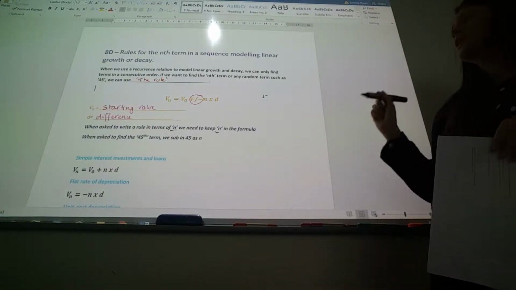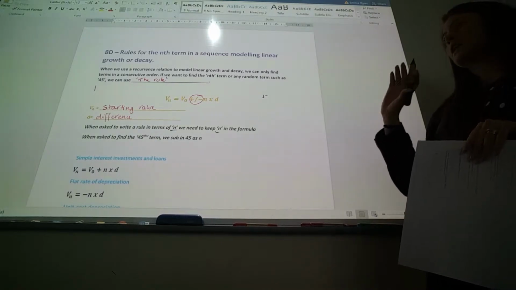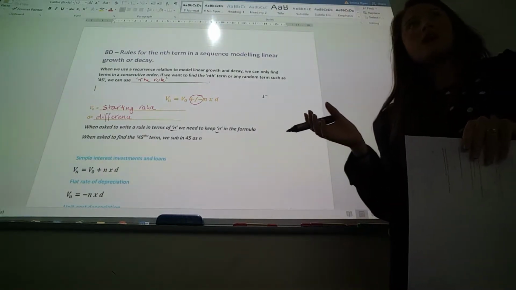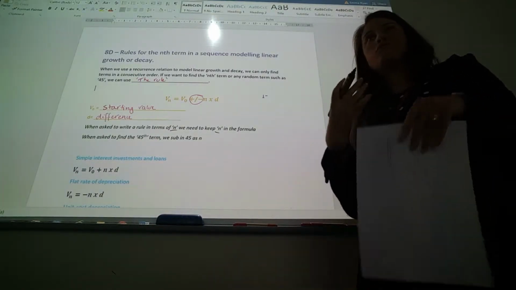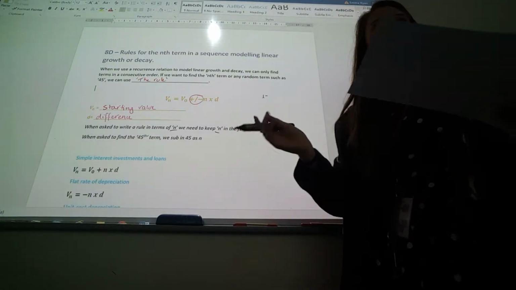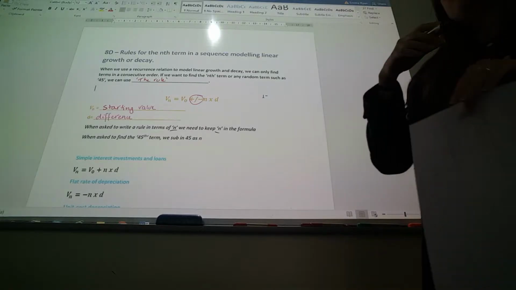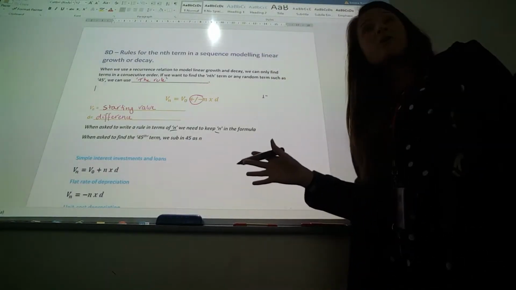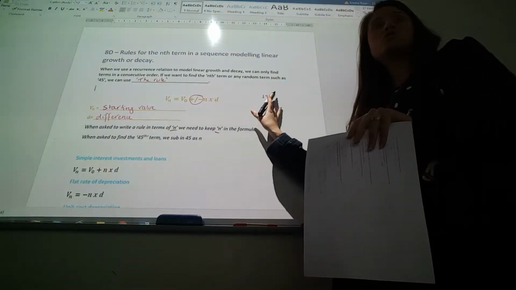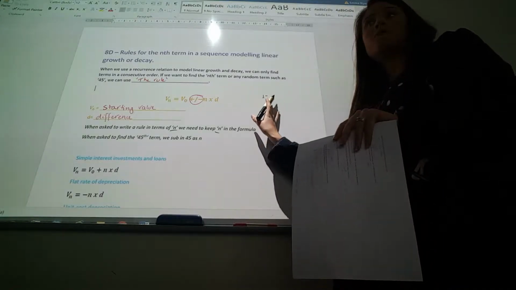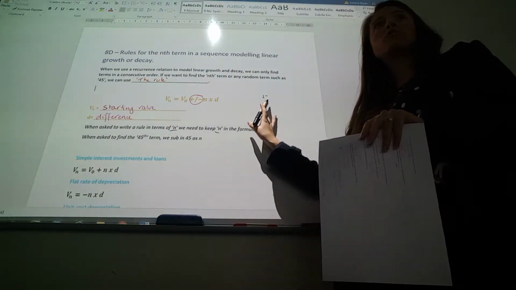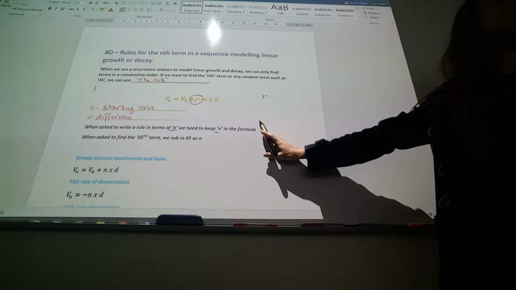Also really important, if we are doing a question that is recursion and it asks you to find, like, the first 5 terms, you need to use recursion. If it asks you to find a term and it doesn't say anything about recursion, this is when you can use the rule. That was one thing that a lot of people lost marks on in the exam last year.